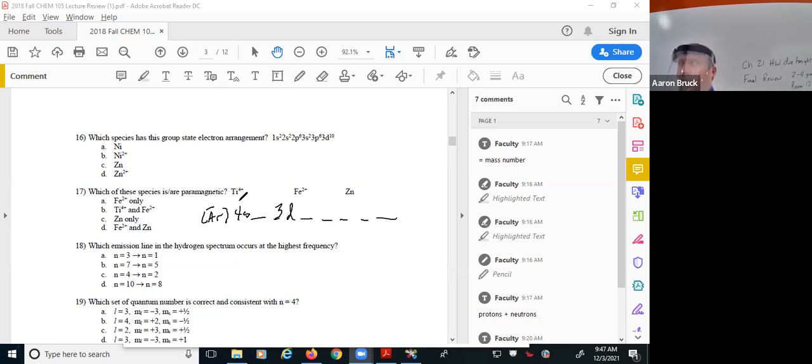For titanium 4+, titanium would be 4s2 3d2. But if it's 4+, all 4 of those electrons are gone. So how many unpaired electrons do I have in titanium 4+? 0, which means titanium 4+ is diamagnetic.